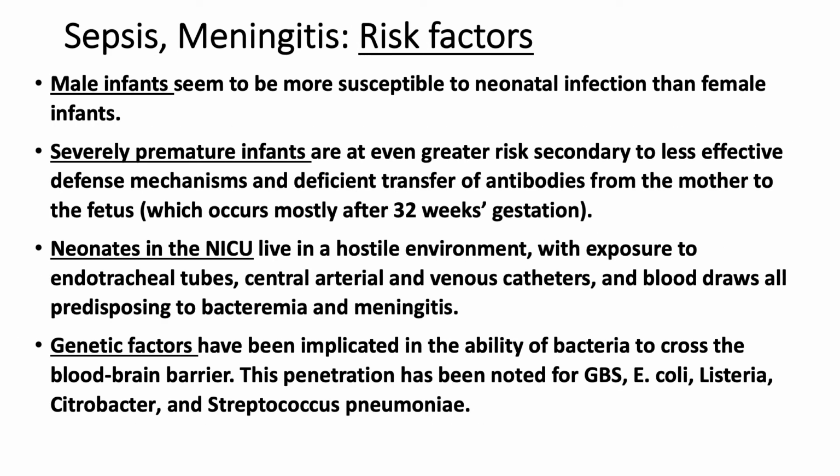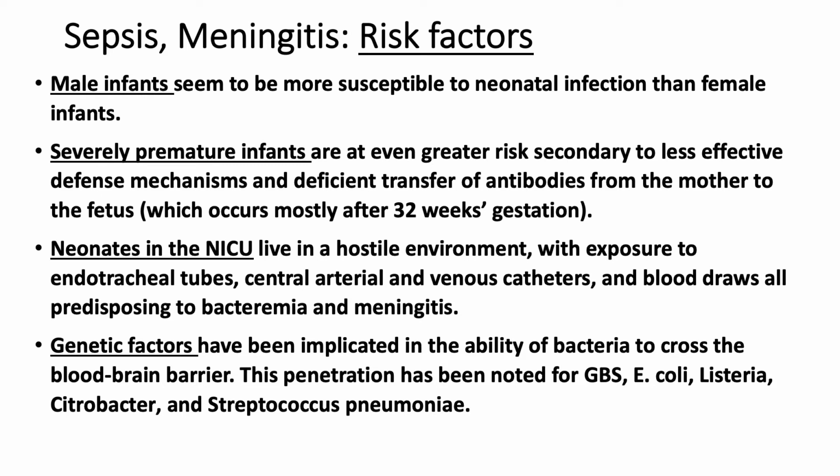What are the risk factors? Male infants seem to be more susceptible to neonatal infection than female infants. Severely premature infants are at even greater risk secondary to less effective defense mechanisms and deficient transfer of antibodies from the mother to the fetus, which usually occurs after 32 weeks gestation.